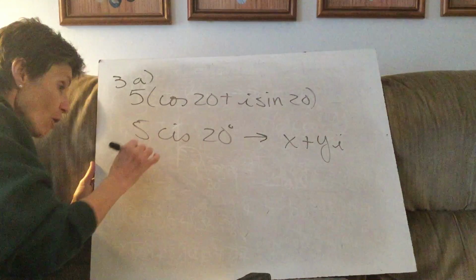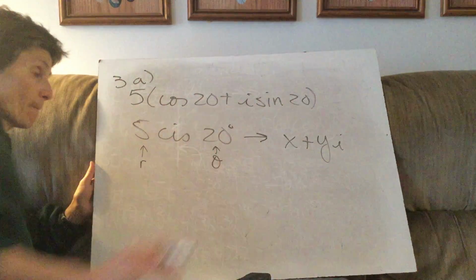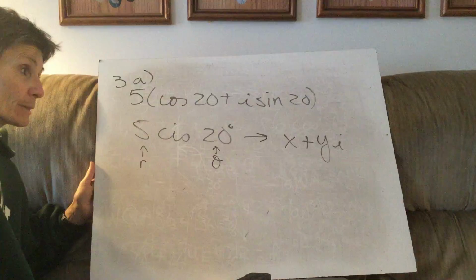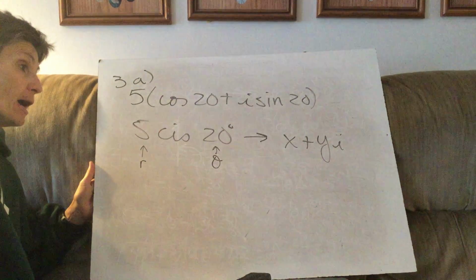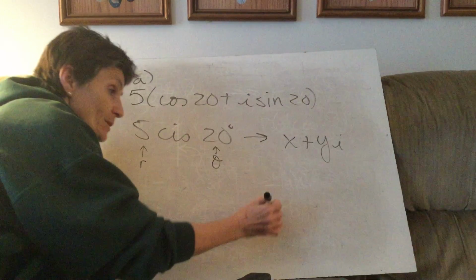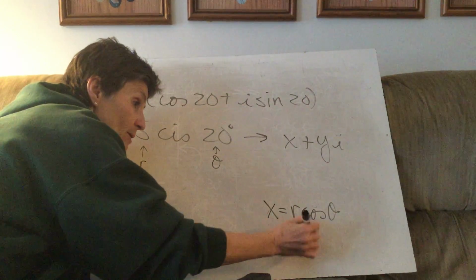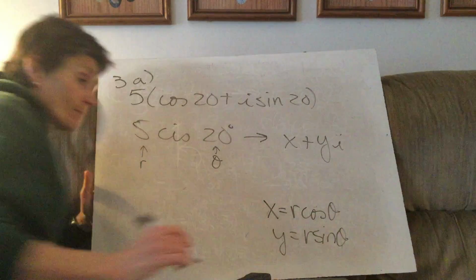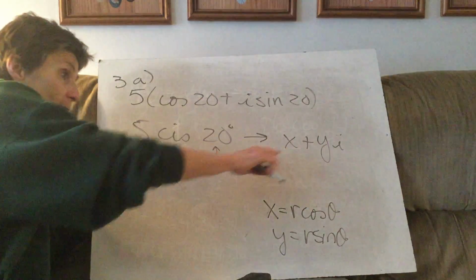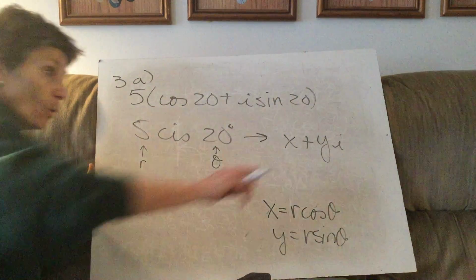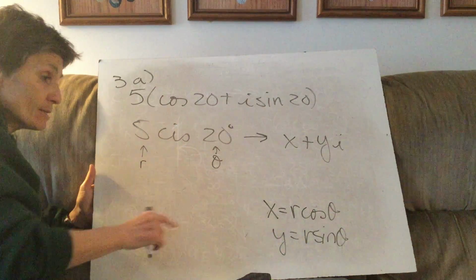Now remember, this is your r, and this is your theta. A couple days ago, and again today, I had you make sure that you have in your notes x equals r cosine theta, y equals r sine theta. So your job is to find x and y. We know that r is 5 and theta is 20.